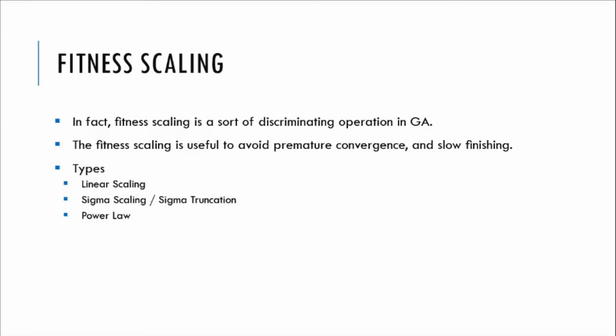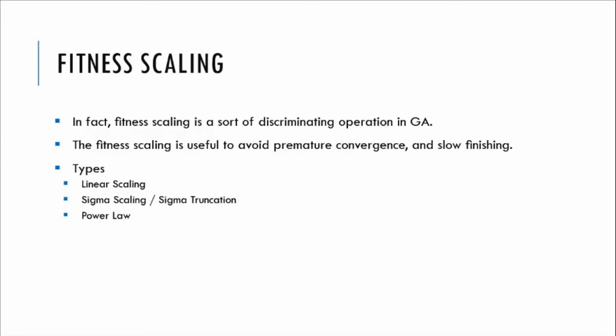So in fact, fitness scaling is a sort of discriminating operation in GA. That is, how to discriminate between different individuals in a GA. That is the fitness scaling procedure. It is useful to avoid premature convergence and also slow finishing. Premature convergence is early finishing, that is, the algorithm is terminated very early without giving you the proper optimal value.